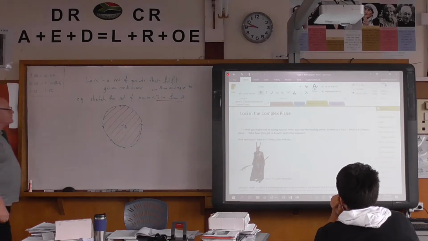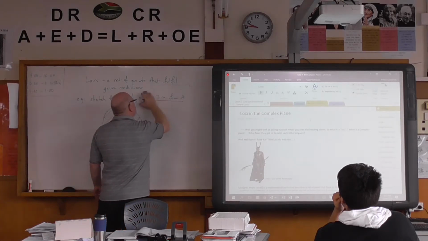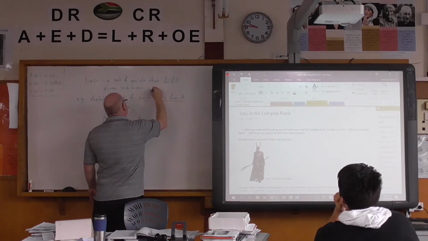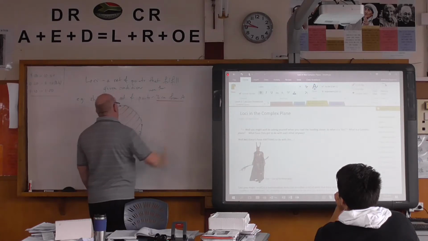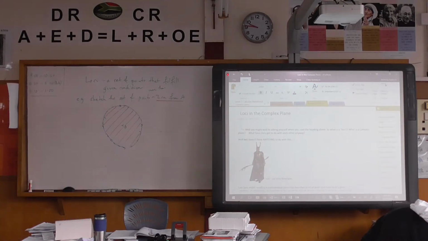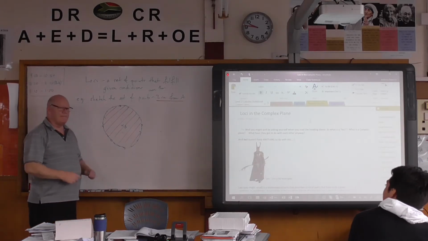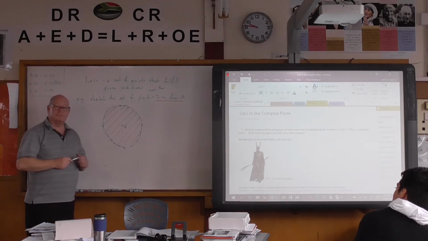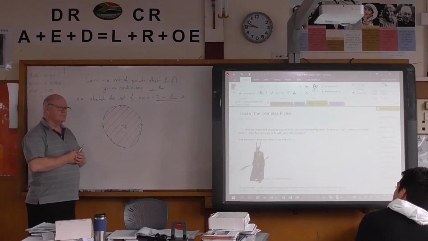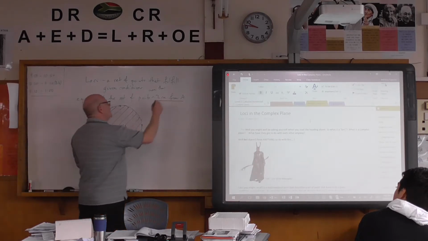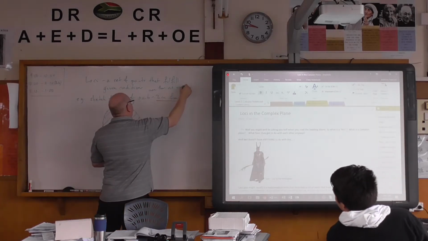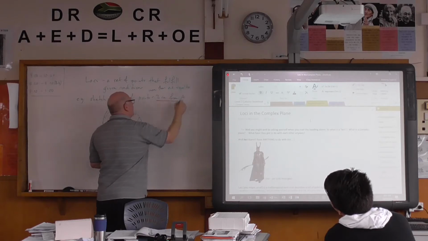What if I said sketch the set of points more than 3 centimetres from A? I'll draw that. What would be the set of points more than 3 centimetres from A? The whole page.